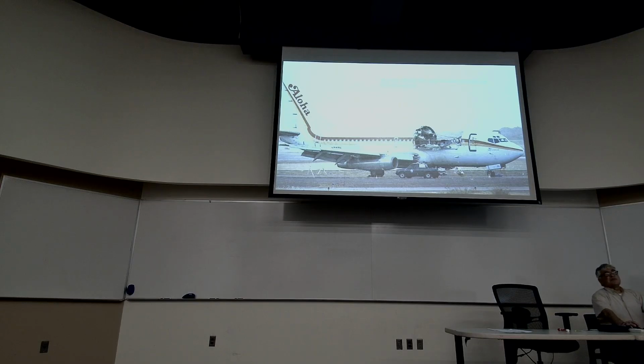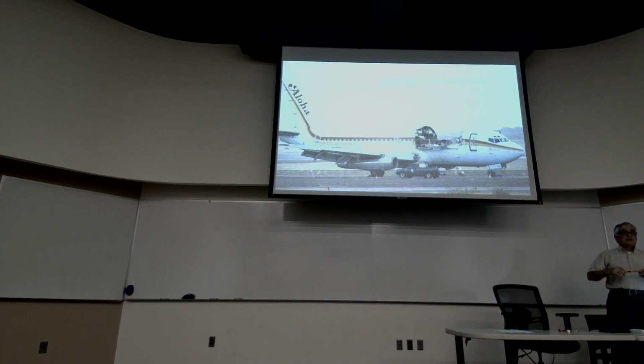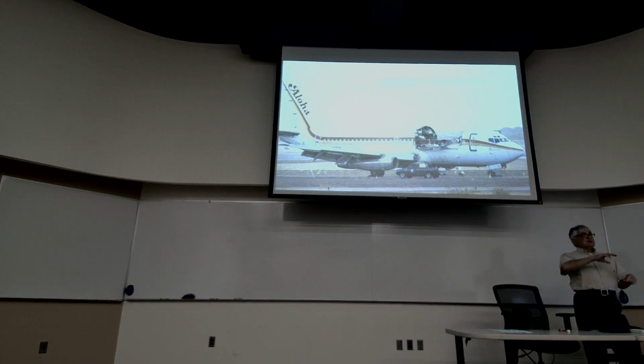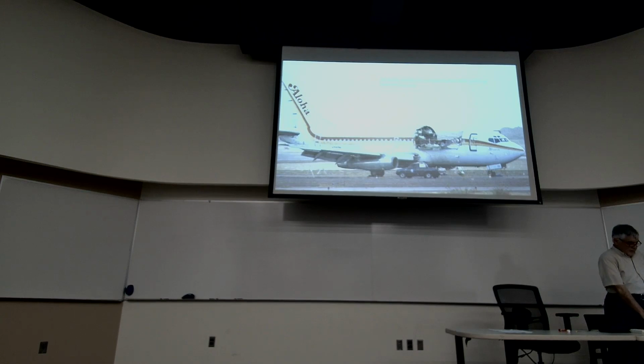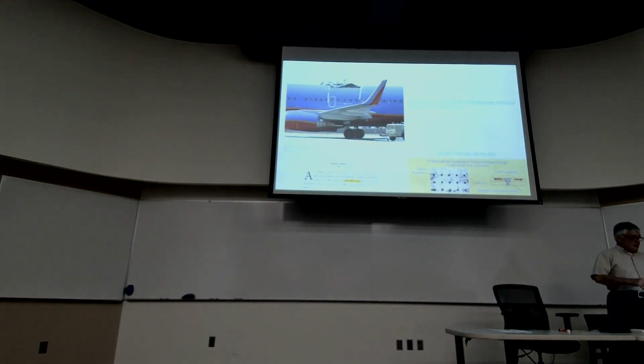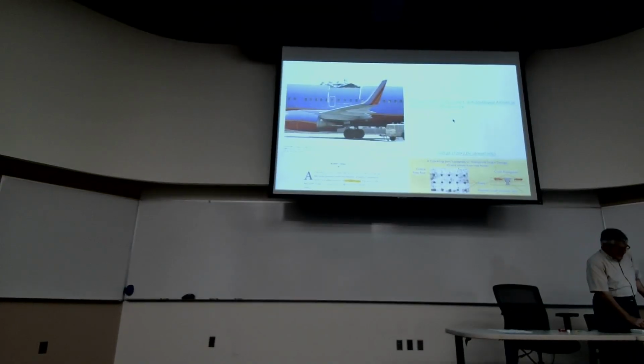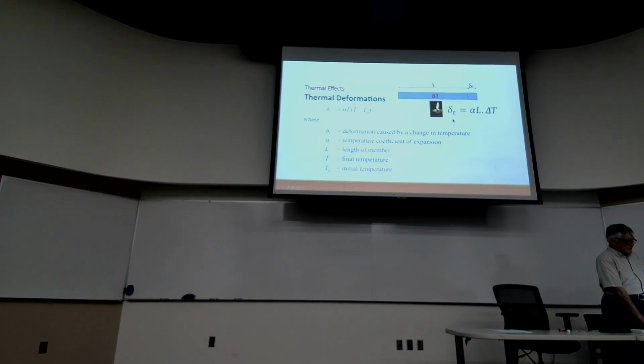And unfortunately, one person died because when something like this happens, we have a pressurized cabin and very low pressure outside. So if you're not wearing your seatbelt, you can easily be sucked out of the plane, and this happened to one person. Here's another picture, Southwest Airlines, with significant damage here as a result of fatigue.